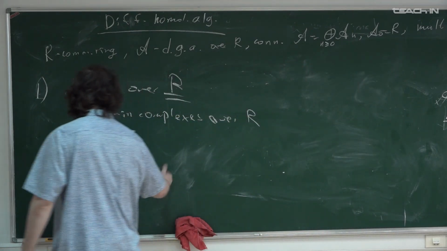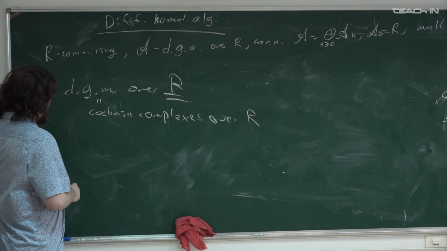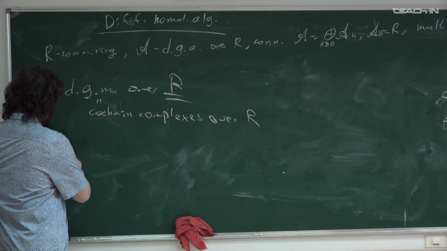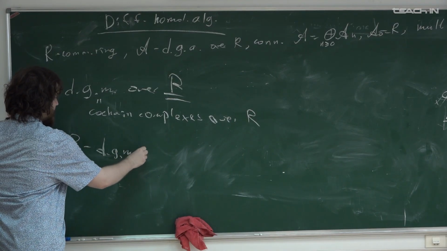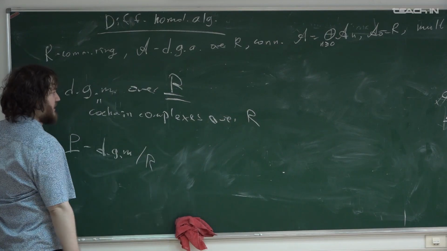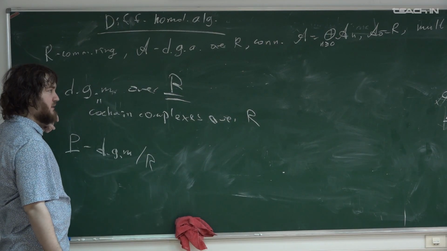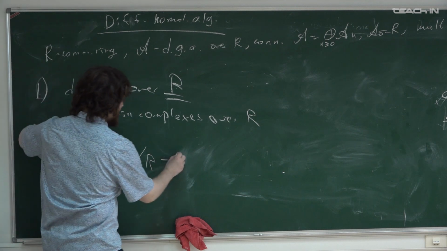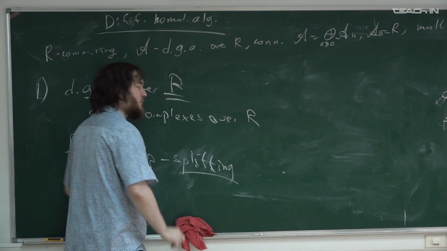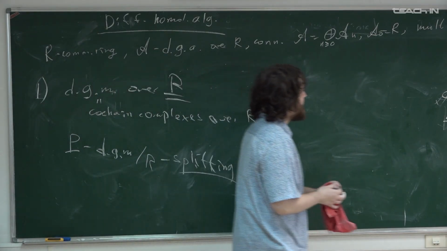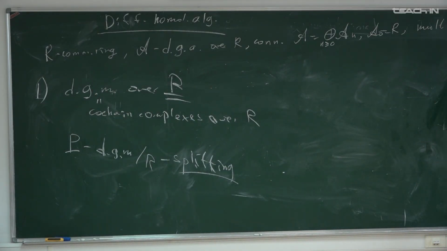Let me say that if P is a differential graded module over R, a cochain complex, I say that it's splitting, of the manner that we did some time before.